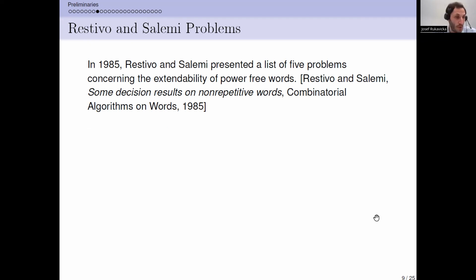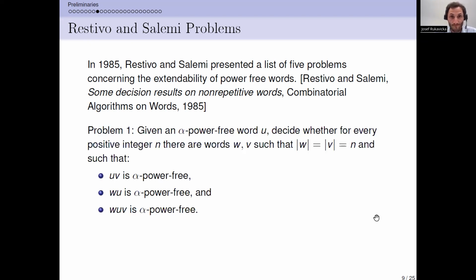Despite the effort of many mathematicians, there are some long-standing open problems that are not solved. Restivo and Salemi presented five of them. I will show you all of them. They are quite natural, nothing artificial, nothing complicated. These are problems that can be formulated in a very simple way.